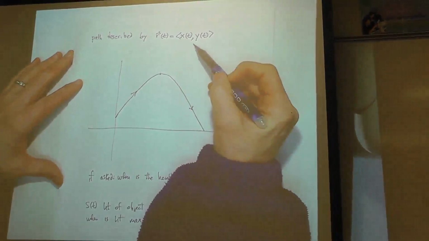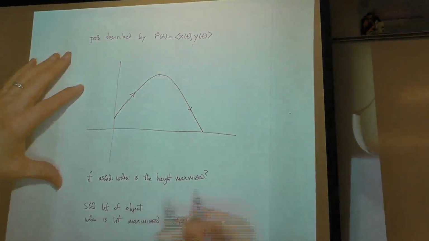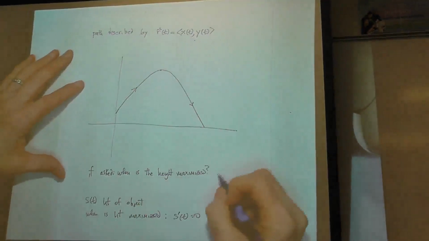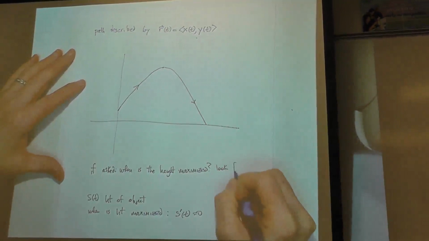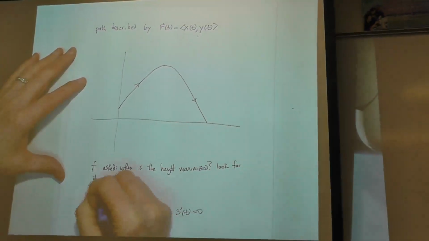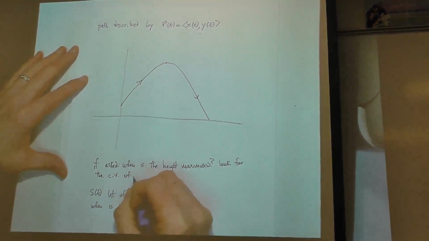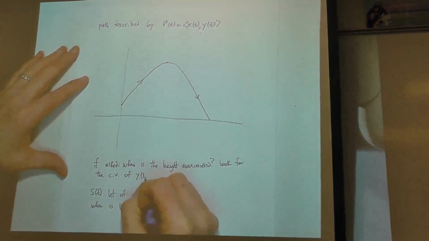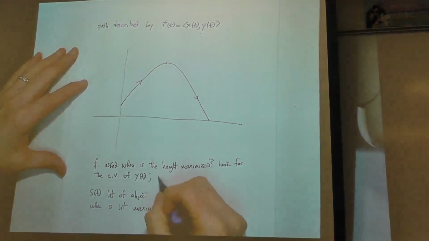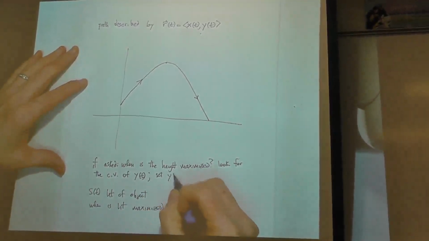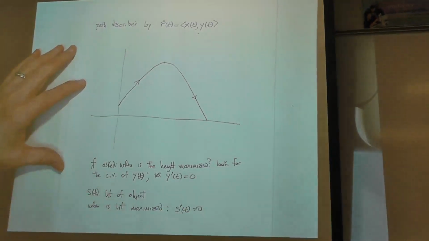The Y component. So what I would be looking for here is the critical value of Y of t. In other words, I would set Y prime of t equal to 0.